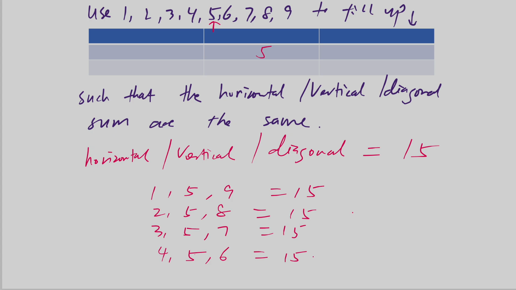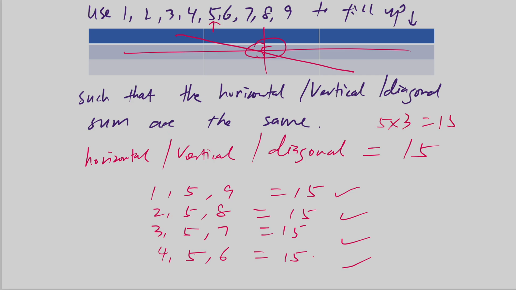So this is the only possible combination that gives 15. Given this idea, if 5 is in the middle, then the sum of the diagonal, the vertical, or the horizontal has to be 5 times 3, which is 15.